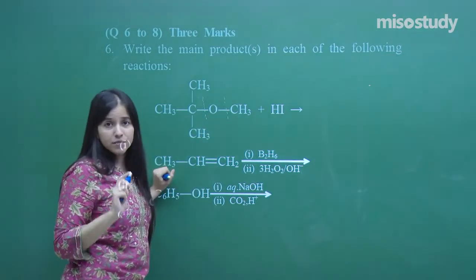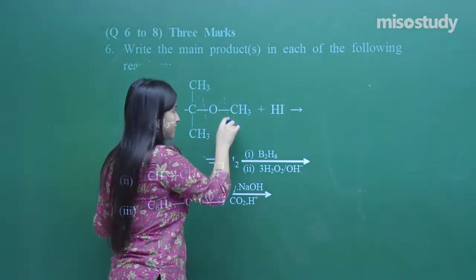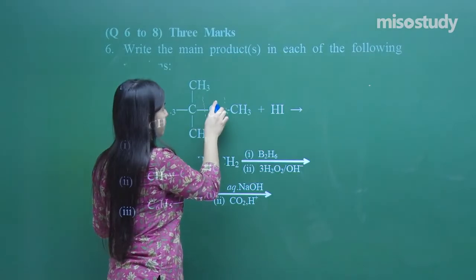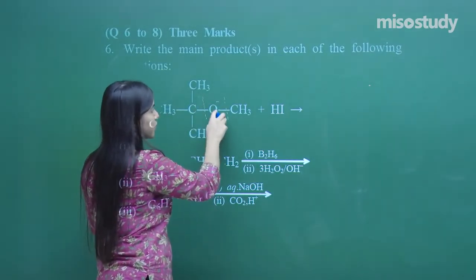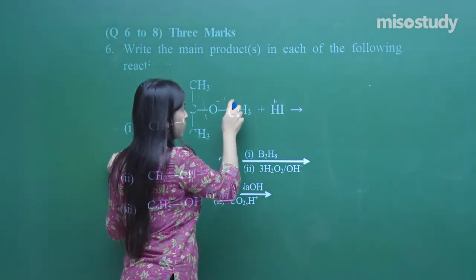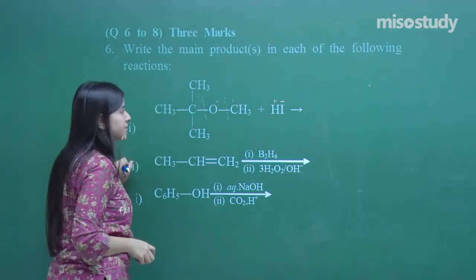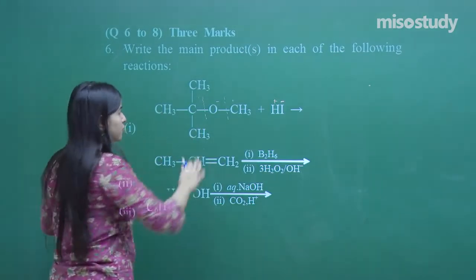I will just tell you what stability I am talking about. Either you break this. If you break this, then O negative will be produced. So the positive part will get attached, and to the positive part the negative will get attached, right? HI this is, and that is how you need to break.